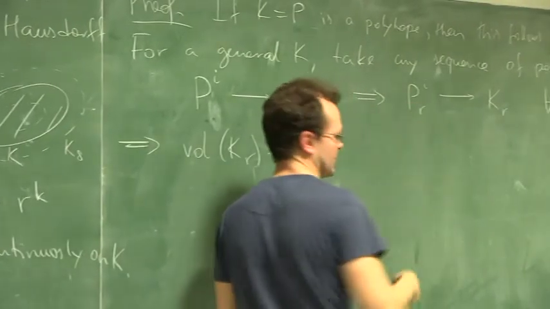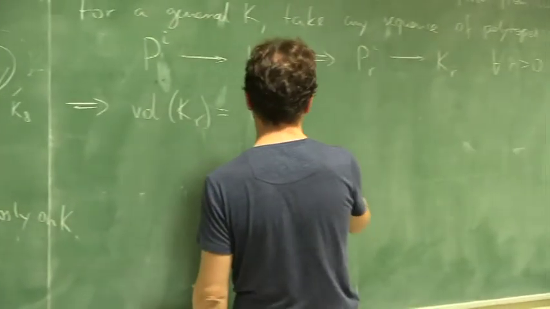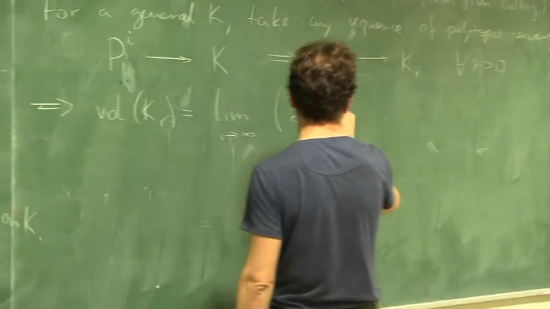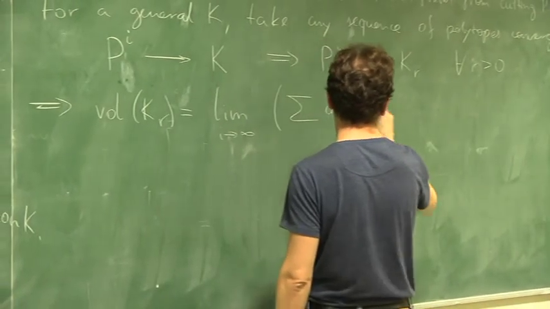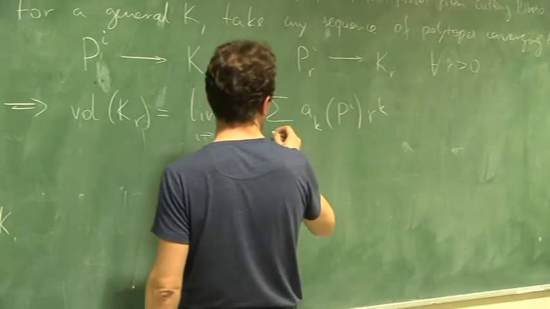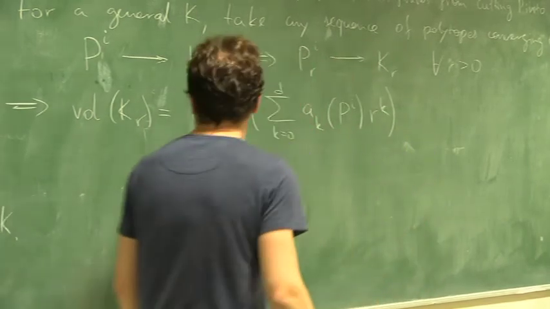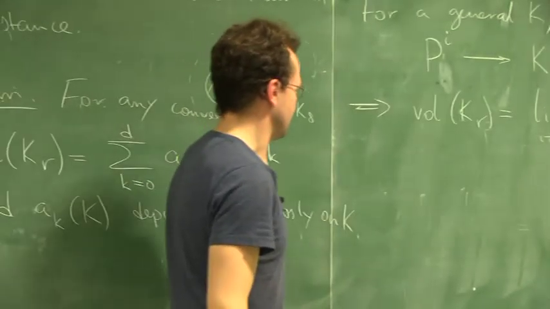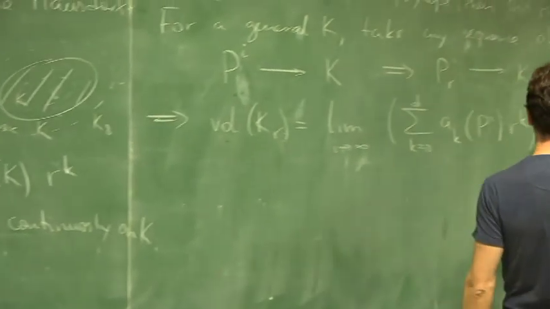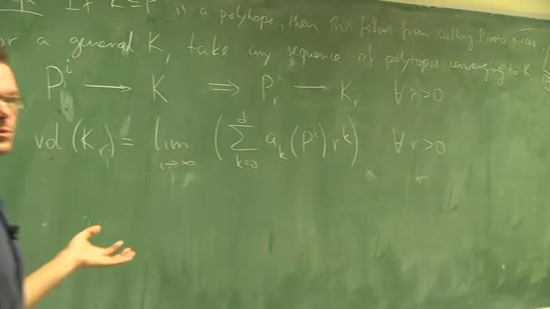But each of these volumes is a polynomial. So this is a limit as i goes to infinity of the sum of a_k of P^i times R to the power k, where the sum goes over k from 0 to D. So what we have proved is that the volume of K_R is, for all R bigger than 0, a pointwise limit of polynomials.